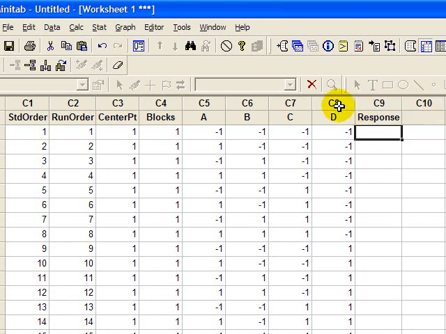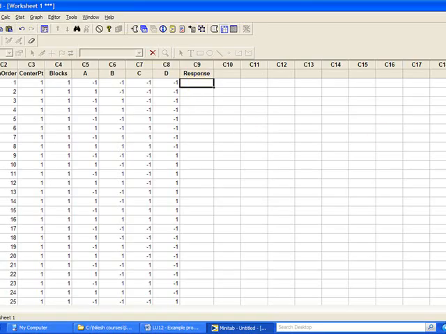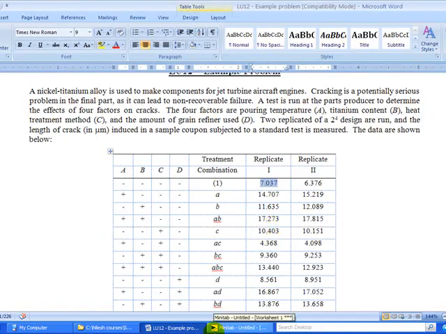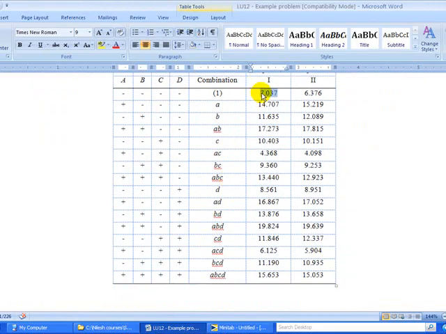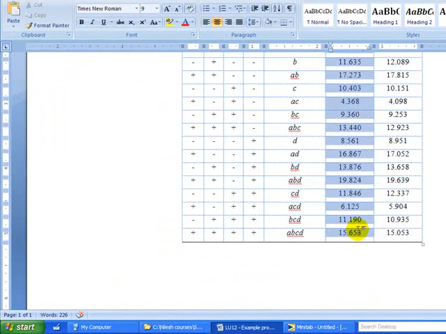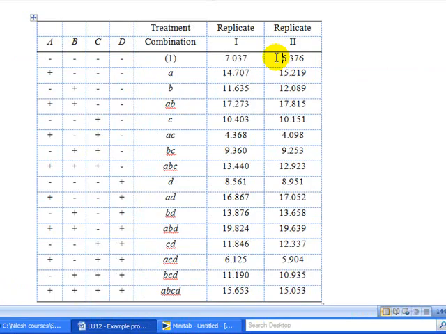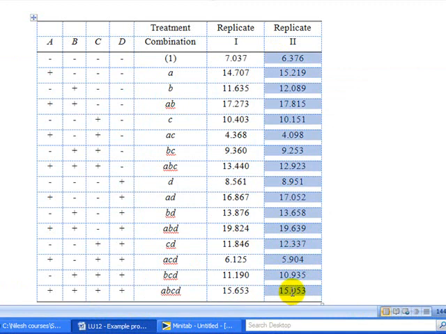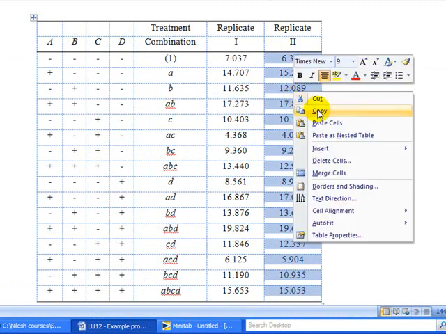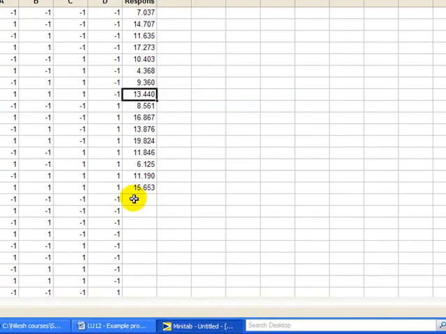Now we have everything, but we don't have the values of the response variable, and I will copy the readings from here into Minitab. So let me copy all these 16 rows. Similarly, I will copy the second column and paste it here.